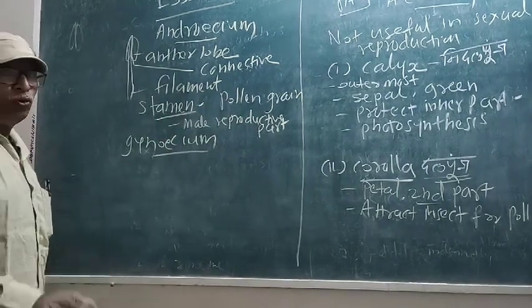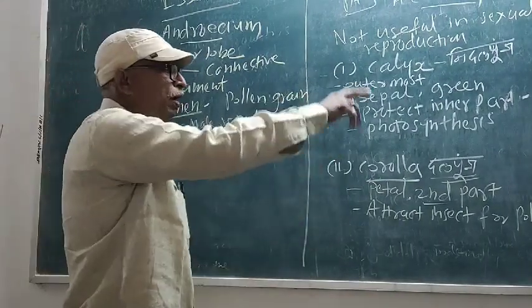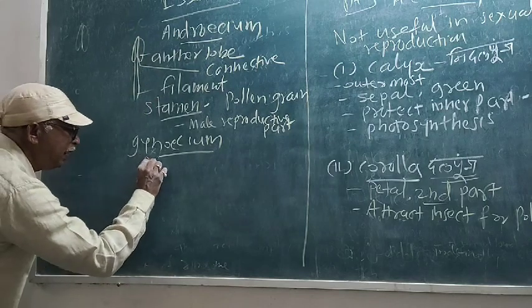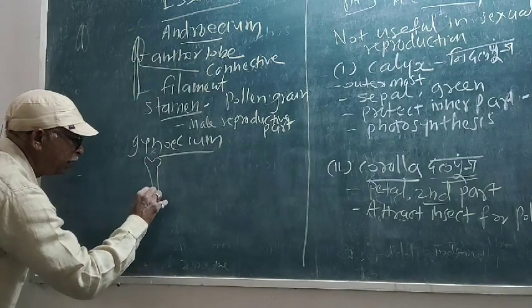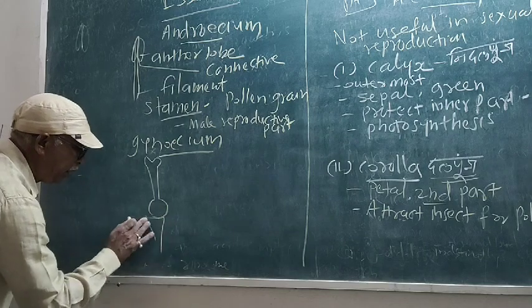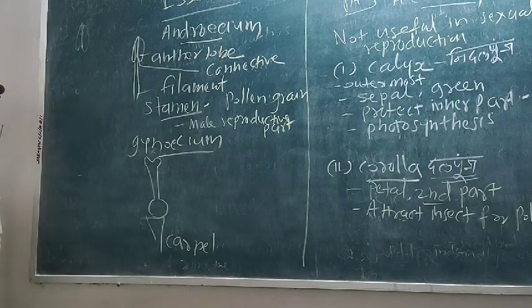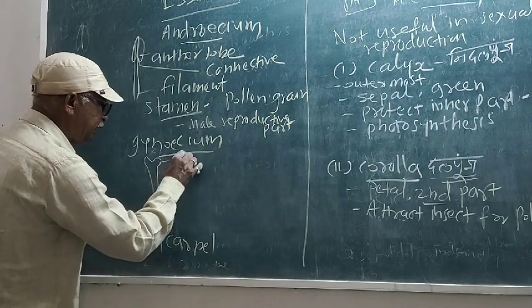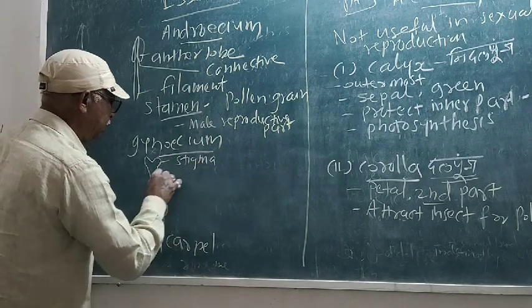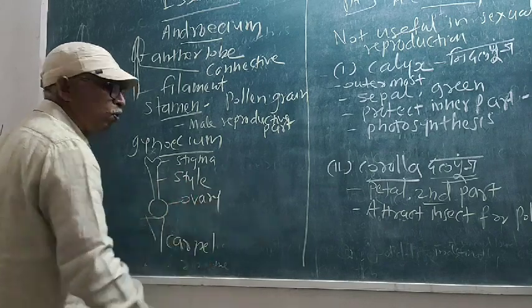Now we have to go towards the gynoecium. This is the innermost part of the flower. How does it look? It is like this. This is the part called the carpel or the pistil. It has three parts: the stigma, style, and ovary.